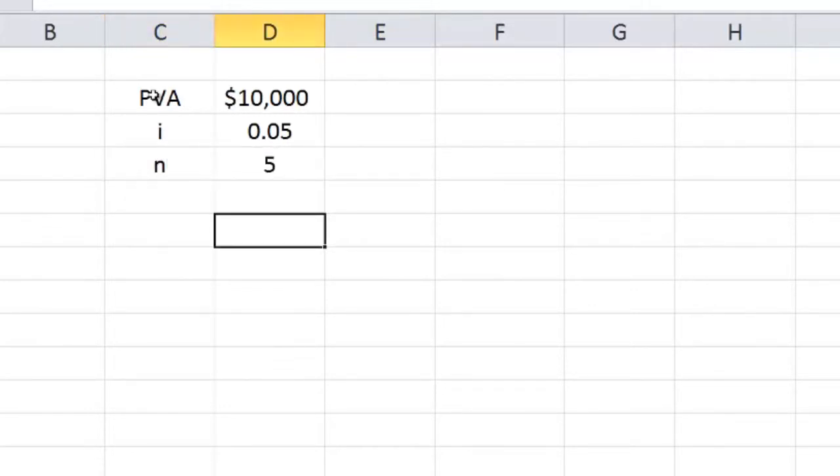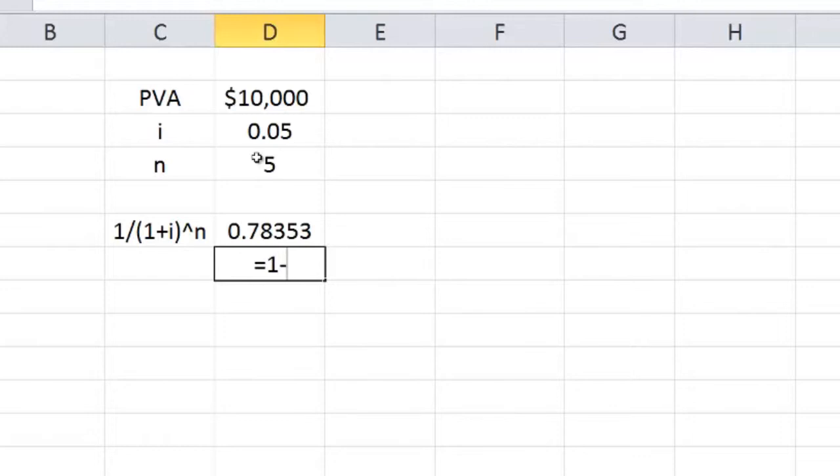So then we can calculate that annuity factor. The annuity factor is everything on the right side of that equation 6.1 aside from the cash flow. So again, I like to go through this in steps. The first thing we'll calculate is 1 divided by 1 plus I to the N. So that equals 1 divided by 1 plus the 5% raised to the 5th power.